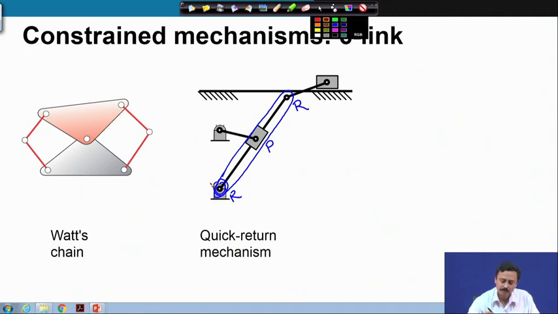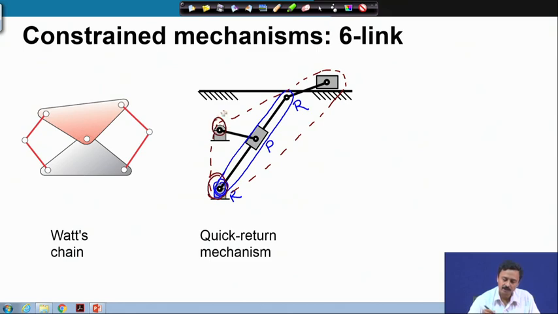So, the ground is a ternary link. Here there is a revolute pair, here there is a revolute pair, and here there is a prismatic pair. This makes the ground a ternary link. Now, these two ternary links are connected at this kinematic pair. Therefore, this is the Watts chain.